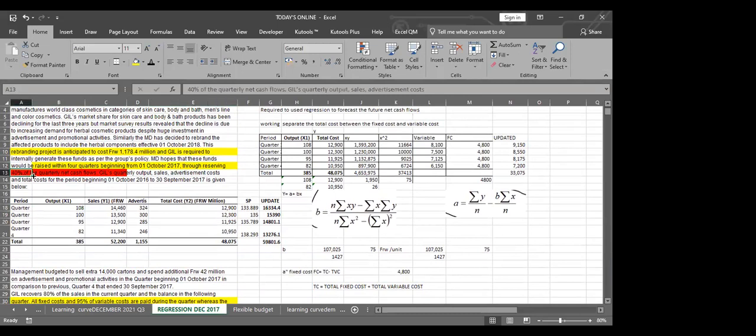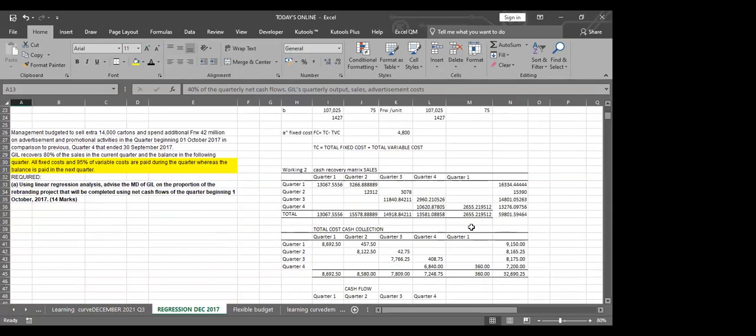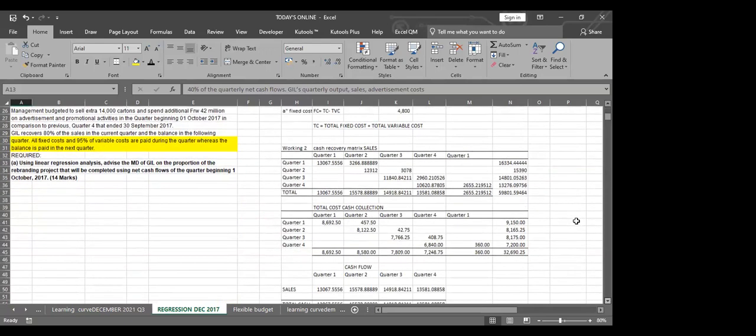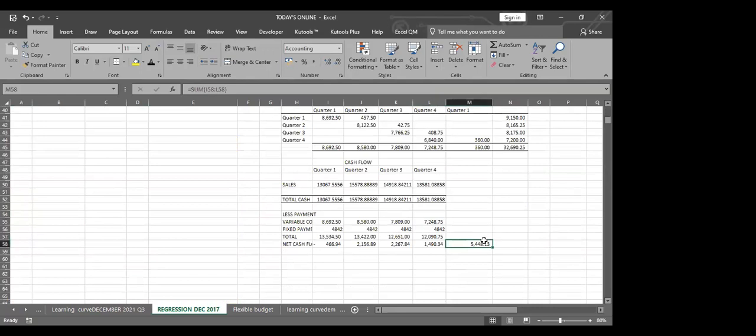Oh, so they reserve 40, not all of it. The MD hopes that these funds will be raised within 4 quarters, beginning from that, through reserving 40%. It's not entirely all of it that is used. So it's 40%. So take 40% of what is here.